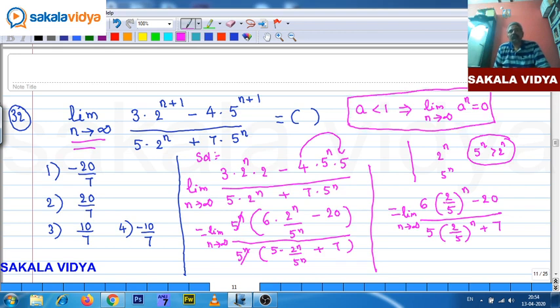Here 2 by 5 is a proper fraction, that is less than 1. So as n approaches infinity, (2 by 5) power n is equal to 0, and this becomes 0, this becomes 0. We have (0 minus 20) by (0 plus 7), whose value is minus 20 by 7. So the first option is the right option.